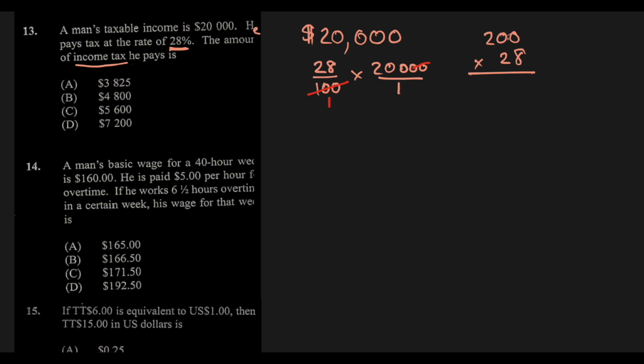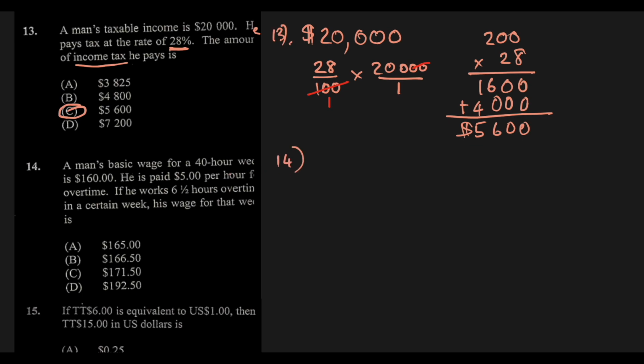Now 8 times 0 is 0. 8 times 0 again is 0. 8 times 2 is 16. So we put the placeholder here for 0. 2 times 0 is 0. 2 times 0 again is 0. 2 times 2, sorry, is 4. So therefore we would have 0065, so our answer is 5,600. This is how much he pays in tax.